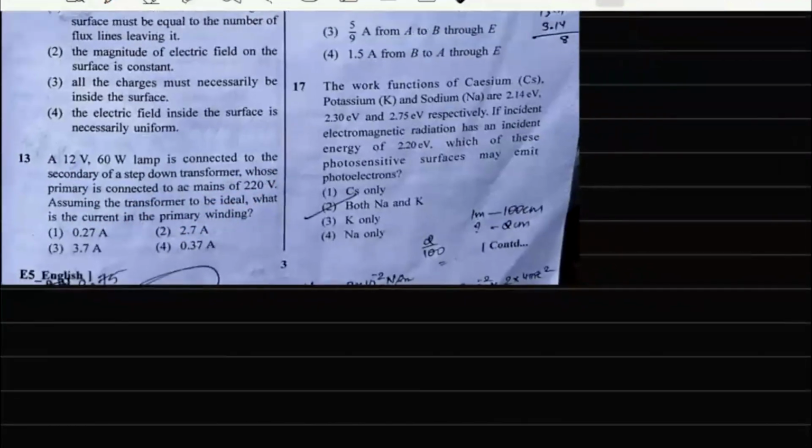Fine. So the transformer is ideal. What does that mean? Input power and output power are the same, or I can say E primary times I primary is equal to E secondary times I secondary. One thing is clear, that in the primary I have 220 volts.